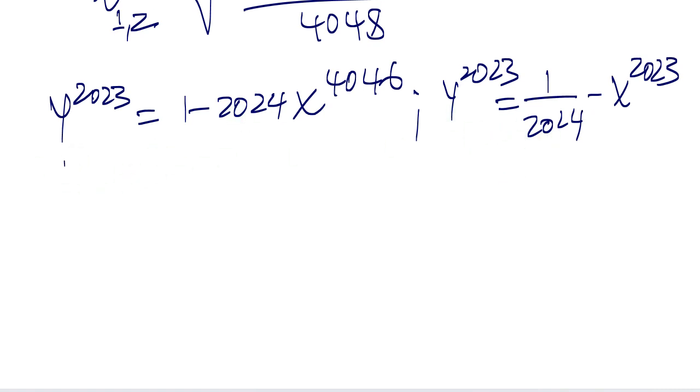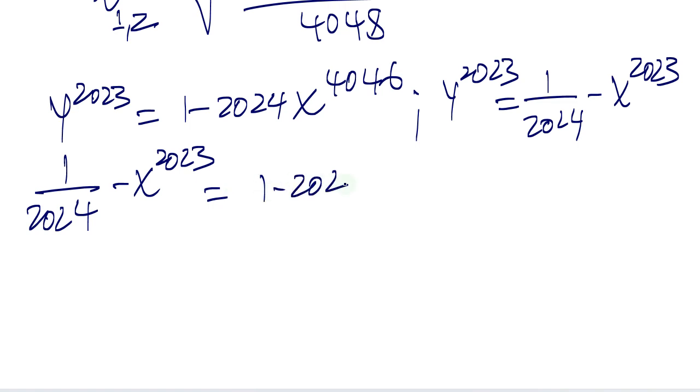So we're gonna have that 1 over 2024. Let me erase this because it's not polite writing this kind of confusion here. So minus x to the 2023, and then equals to 1 minus 2024 x to 46.